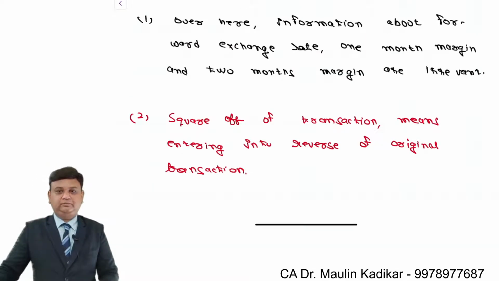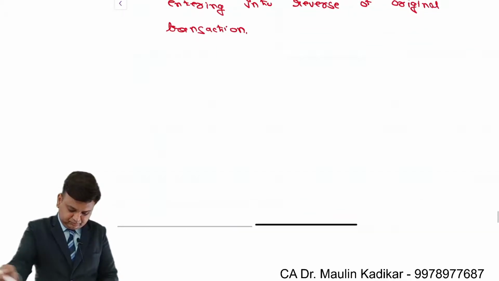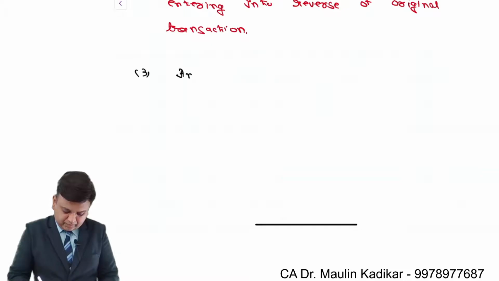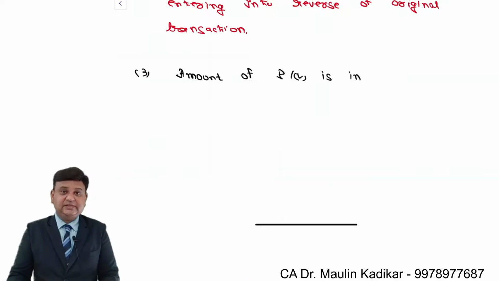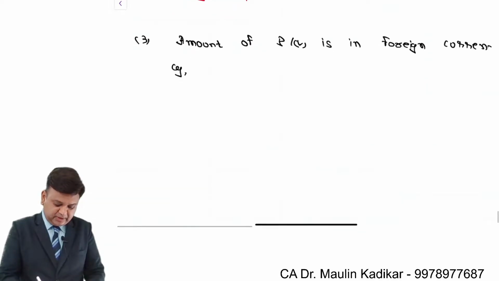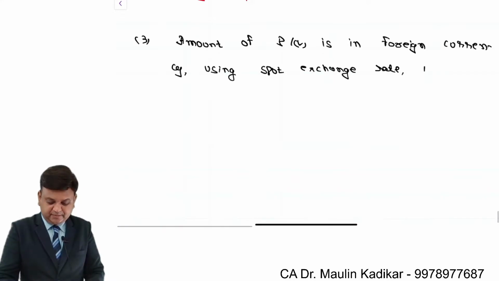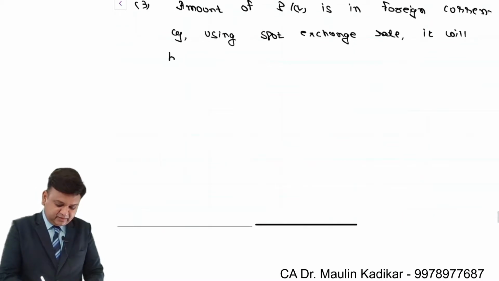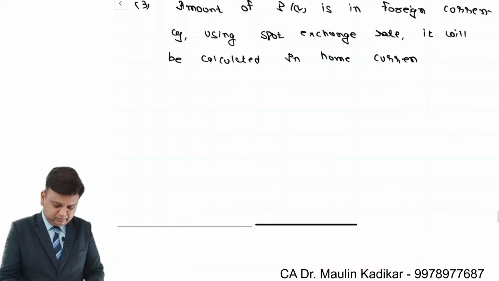Full stop. Amount of profit or loss is in foreign currency, comma, using spot exchange rate, comma, it will be calculated in home currency. Full stop.